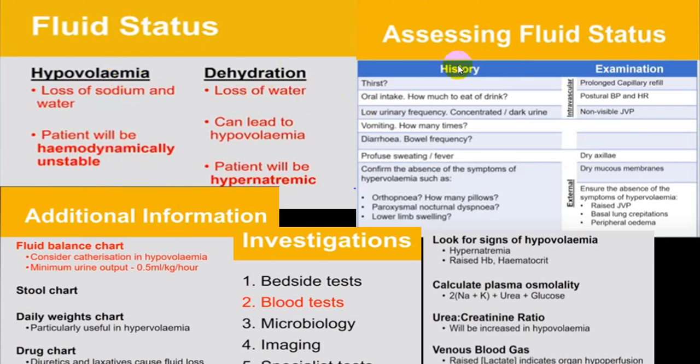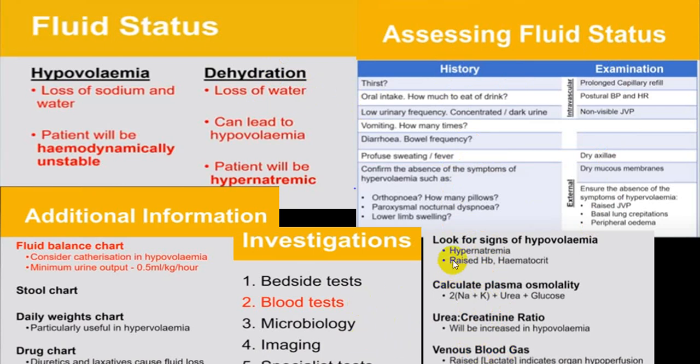So you can assess by history and physical examination. This is already we have mentioned good number of things. So look for signs of hypovolemia, calculate plasma osmolality, urinary creatinine ratio, and look for venous blood gases to find out acid base imbalance.